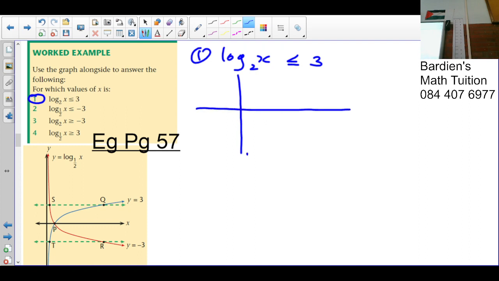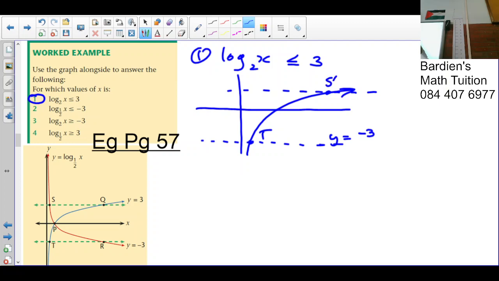So they have this graph looking like that. They have a point T here. This is y is equal to -3. Another point Q there, and you got y is equal to 3. Okay, and you all agree this is a log x base 2 graph.